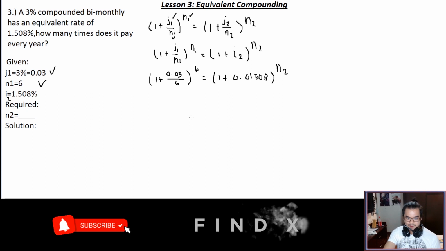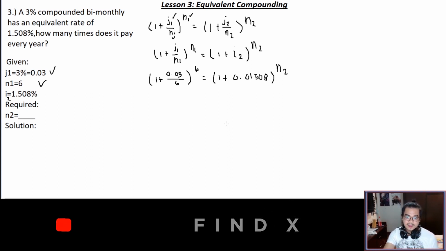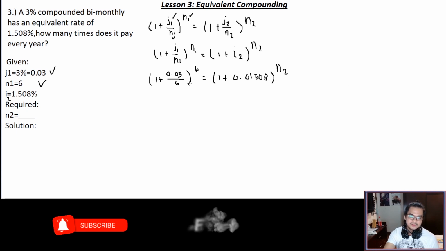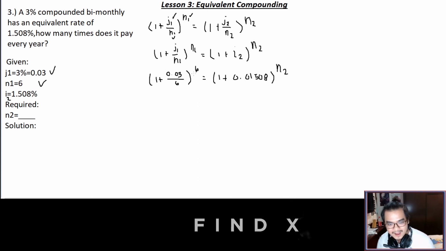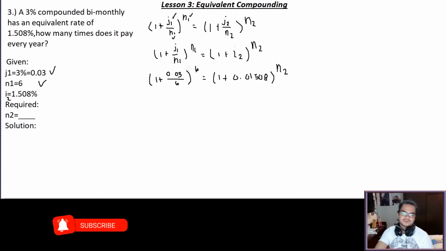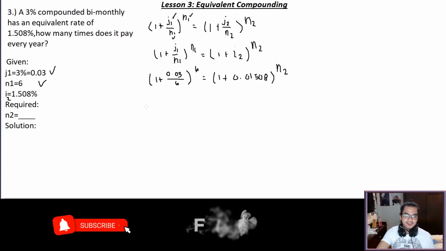Okay, so I think here we can use the LN method. We cannot use the raising both sides by 1 over N2 because you'll just end up having 6 over N2, which is not good. So taking the ln of both sides again.